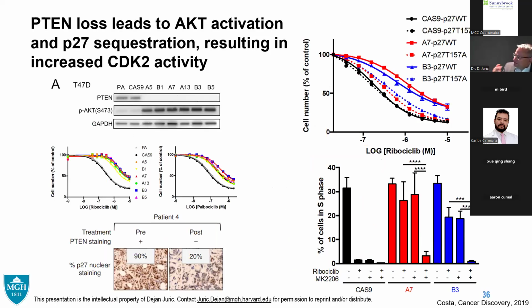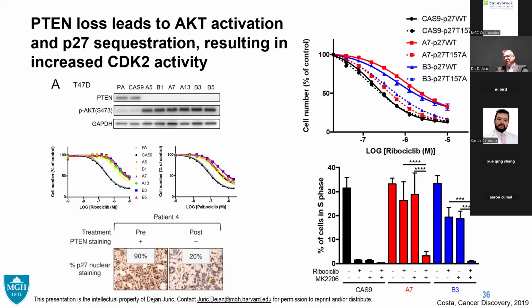And a scary part is, and additional research has shown that something else happens. This PTEN loss can drive resistance to PI3 kinase alpha inhibitors, but then in this paper, we've shown that it also drives resistance to CDK4/6 inhibitors.